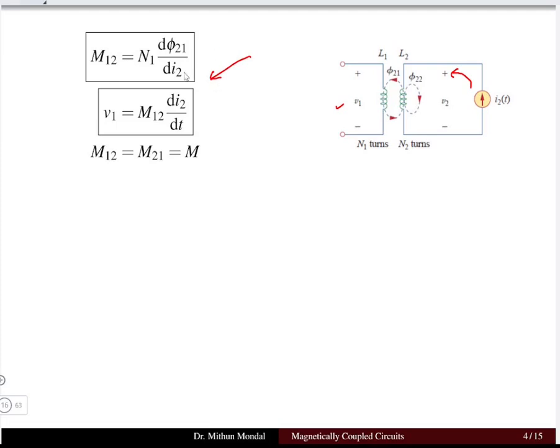The only difference is that the current now flows in the second coil, and the flux is the same, that is phi12 will be equal to phi21, and also the mutual inductance M12 equals M21 equals M, because the same flux is linking both coils.